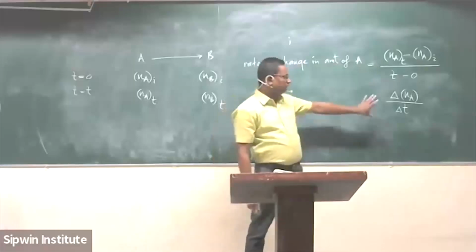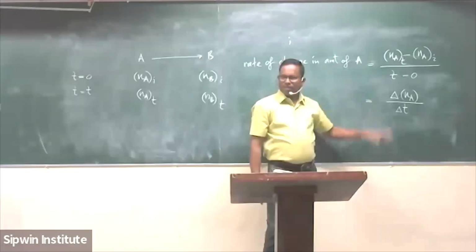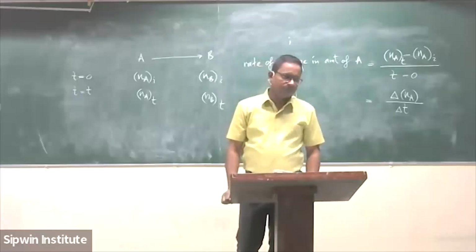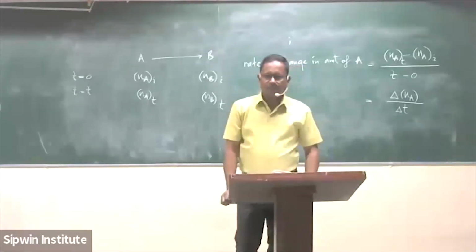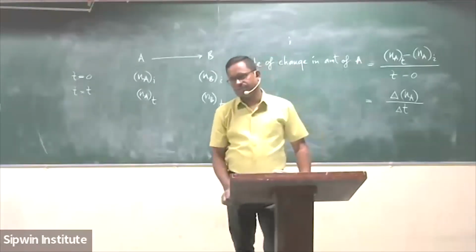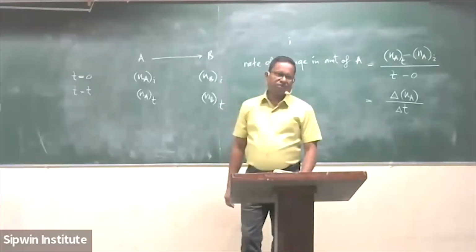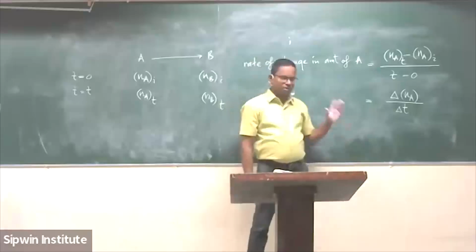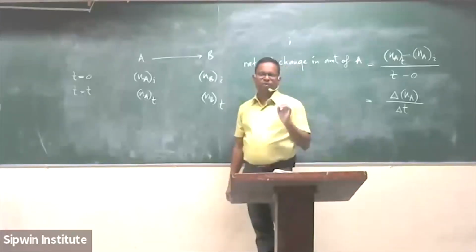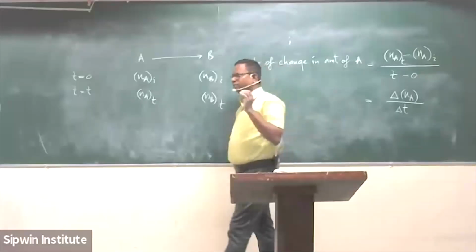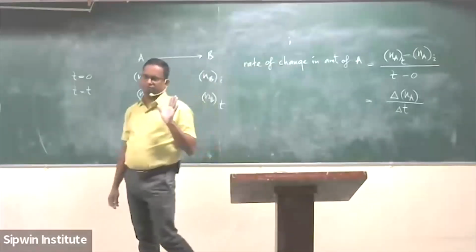But when you are taking this, right, we get a negative answer. Why? The final one is less than the initial because reactants are consuming. Then in your syllabus, everywhere, when you want to express the rate of a reaction, you always indicate that as a positive quantity.